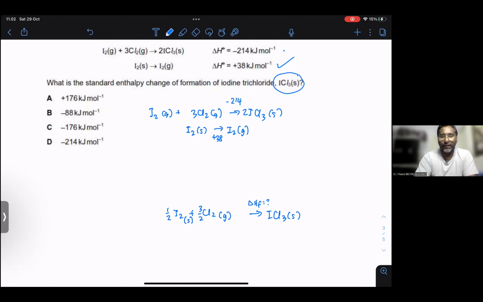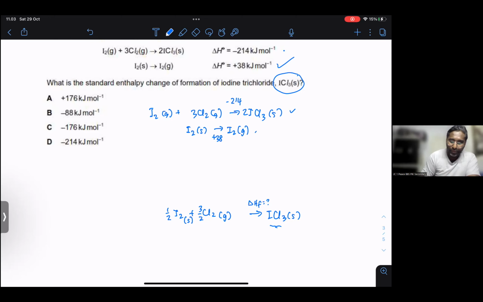The best method is that you can either use rearranging the equation, or you can also use the other method, where you put this I2 to become solid.